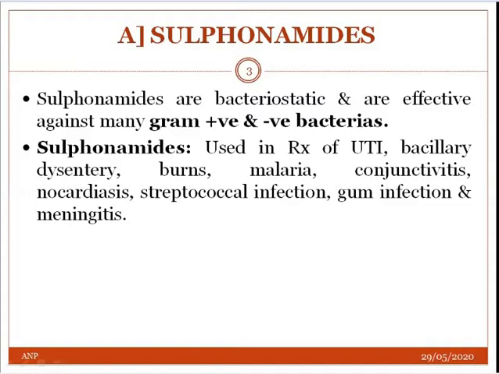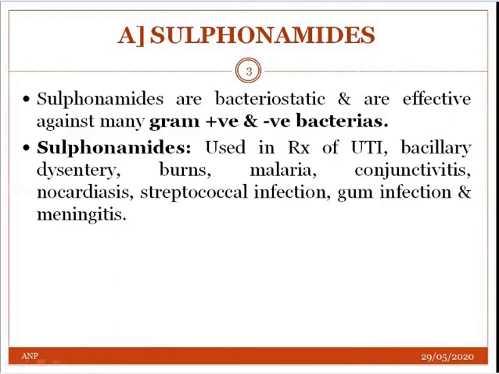See, first we'll discuss the sulfonamides. Now, what exactly are sulfonamides? Sulfonamides are bacteriostatic in nature and are effective against many gram-positive and gram-negative bacteria. Particularly, they are bacteriostatic in nature.